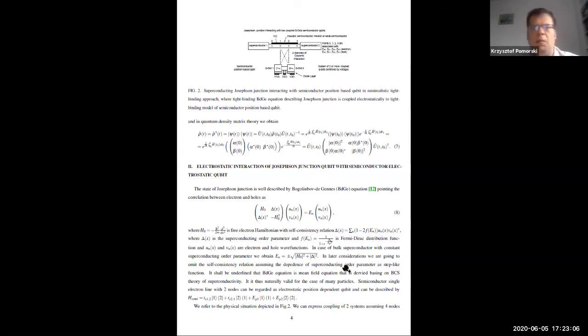And this external potential can arise from the presence of a single electron device in some proximity to the Josephson junction. So let's say there's superconductor, insulator, superconductor, and there's a quantum dot A and a quantum dot B, and those quantum dots are semiconductor.